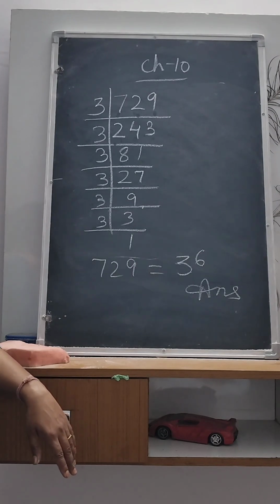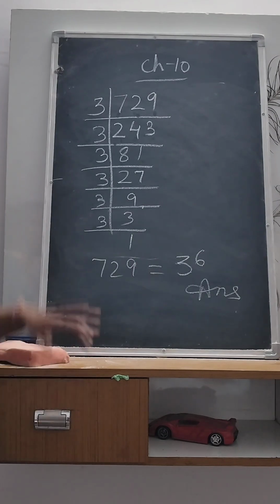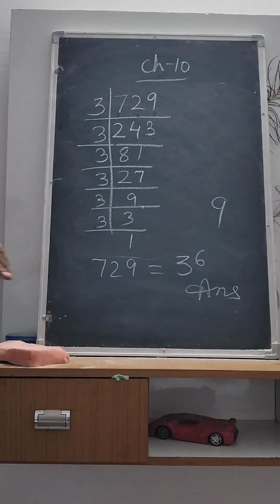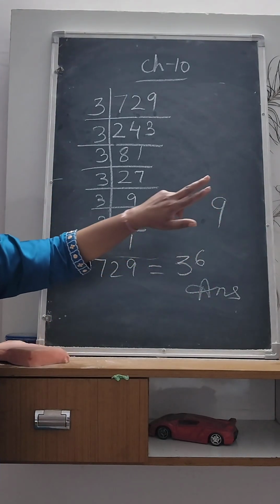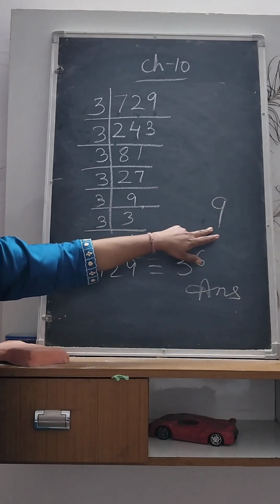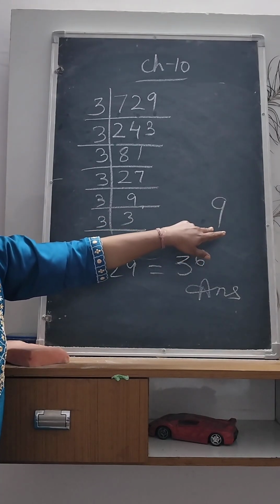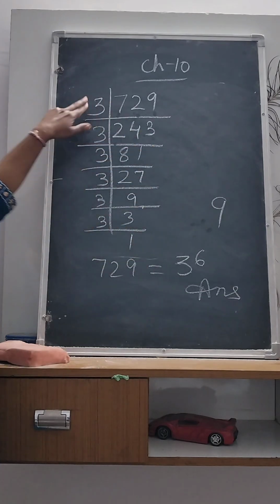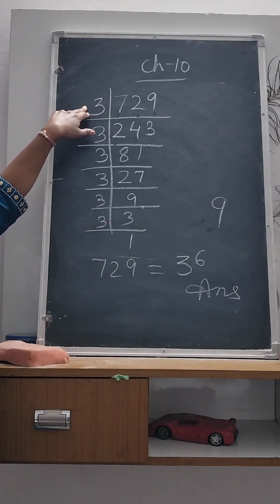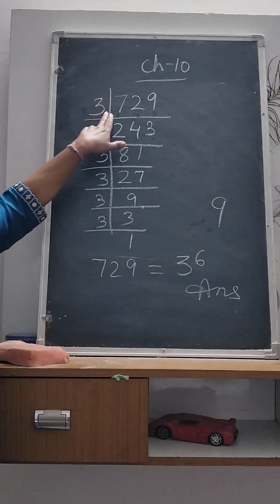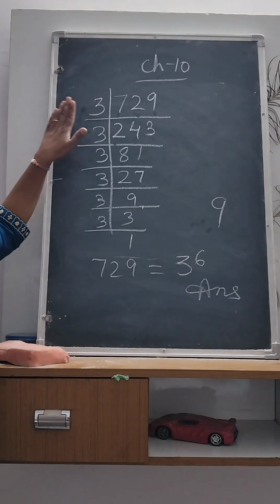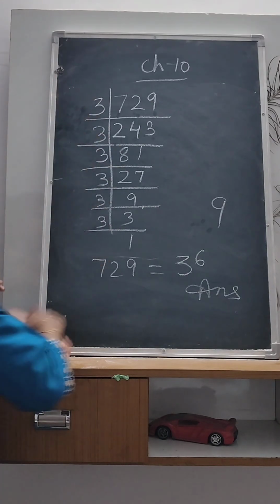Composite numbers come in more than one table. Suppose you take 9. 9 is a composite number because it comes in the table of 3 as well. So we will not divide 729 by 9, even though some students say that 729 is divisible by 9 also. When doing prime factorization, we take only prime numbers.